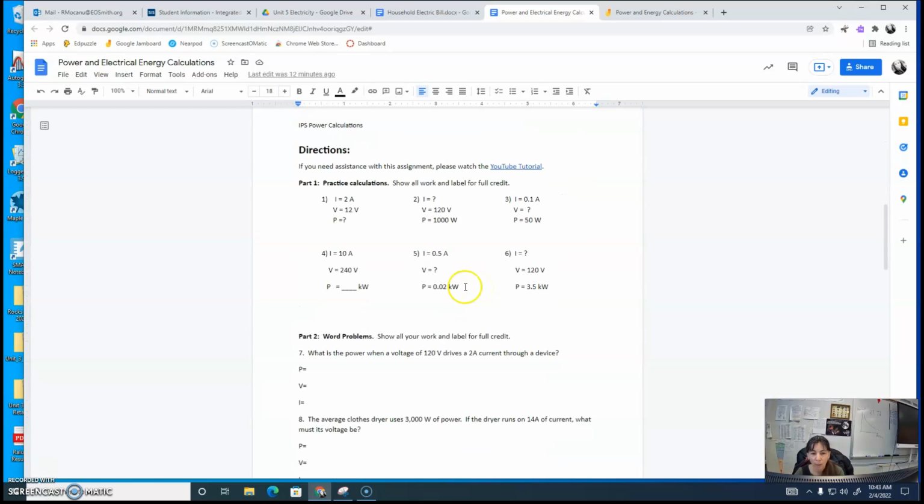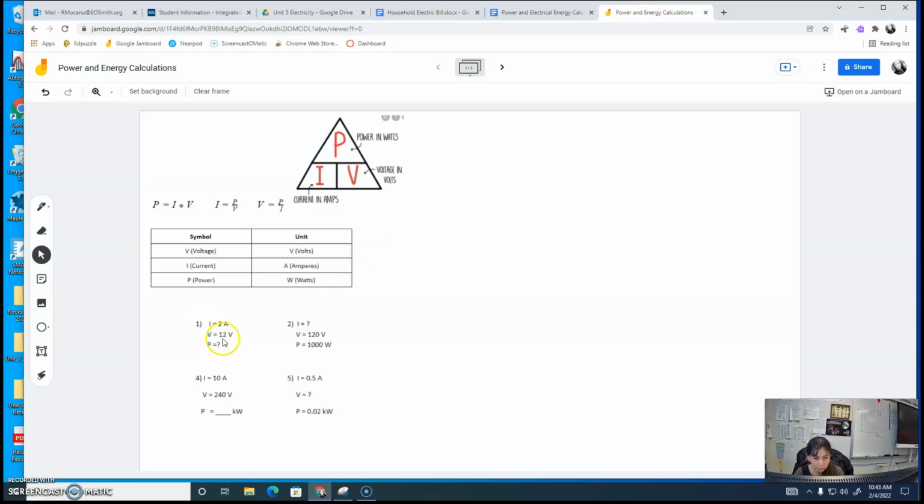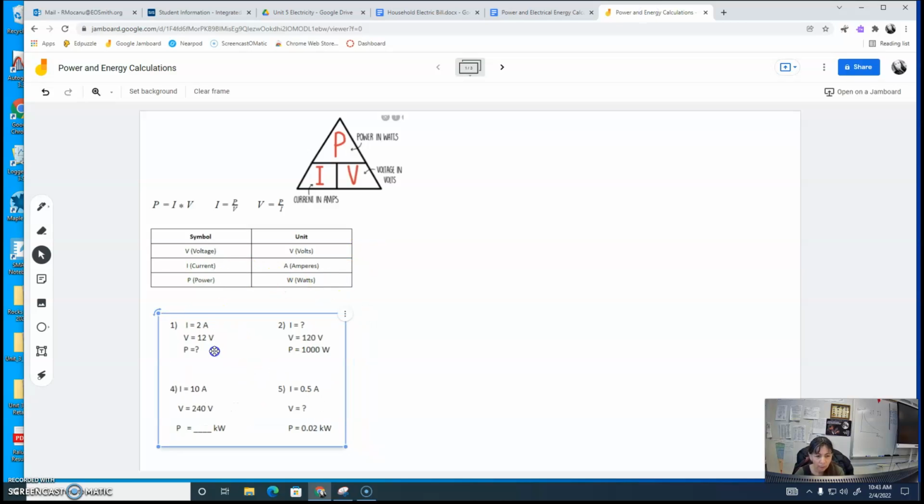All right, so let's solve some of these problems together and see how we apply that formula. Problem number 1 is giving us current of 2 amperes, so I equals 2 amperes. That's the current. V, the voltage, is 12 volts, and it's asking us to calculate power.